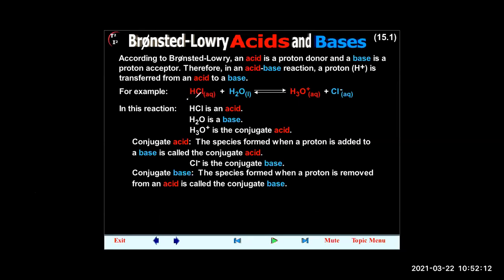If HCl donates a proton, that is H+, which goes to H2O, what is left behind is Cl, because the H is gone to H2O.